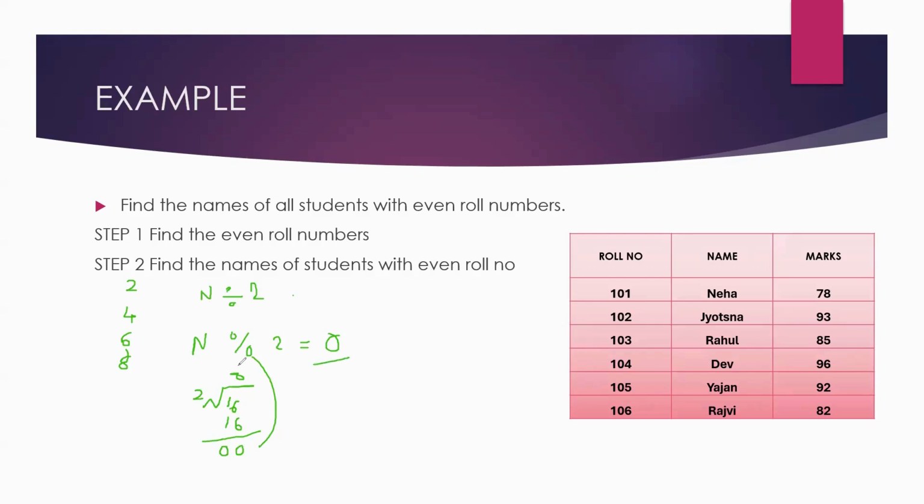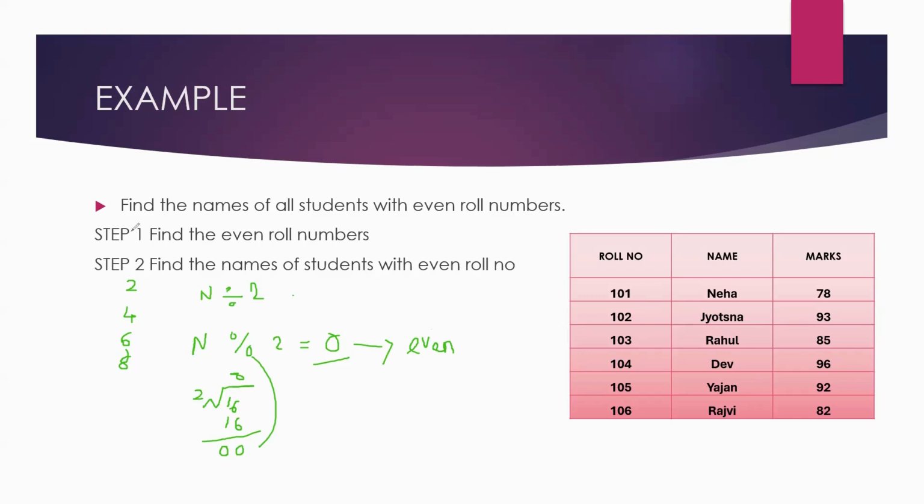Whenever any number modulus 2 is equal to 0, that number is known as an even number in programming language. This is how we find even numbers in SQL. We are going to use this logic in our MySQL for writing the subquery.